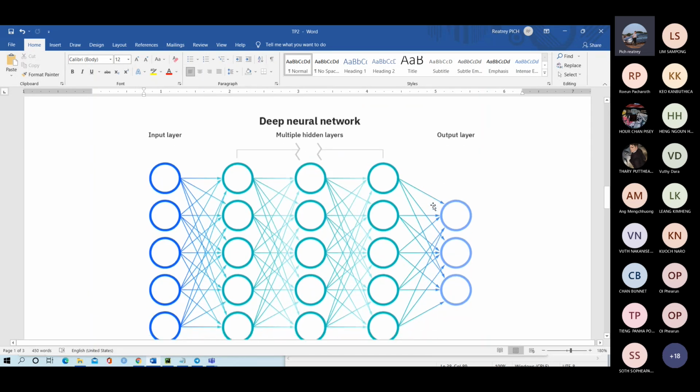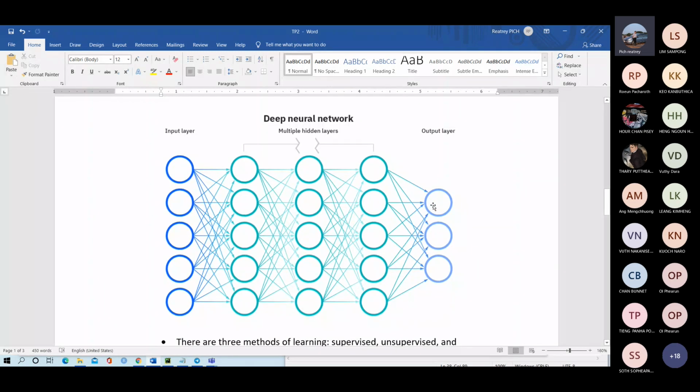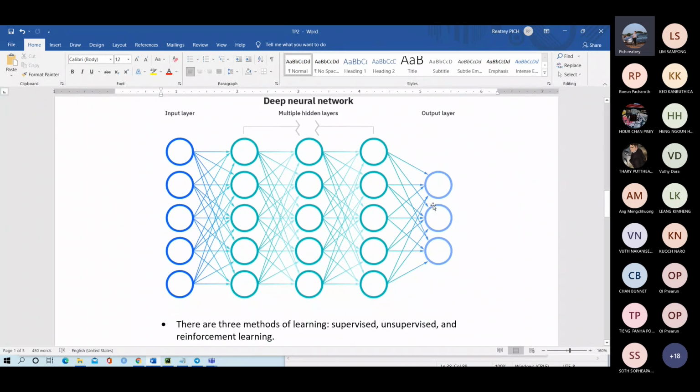Now I will show you a deep neural network. We have an input layer with many inputs, and after that multiple hidden layers. If you have many, we call it a deep neural network. If you have only one hidden layer, it is a kind of sequential neural network. Our hidden layer also has a lot of inputs, and the output we have only 3.